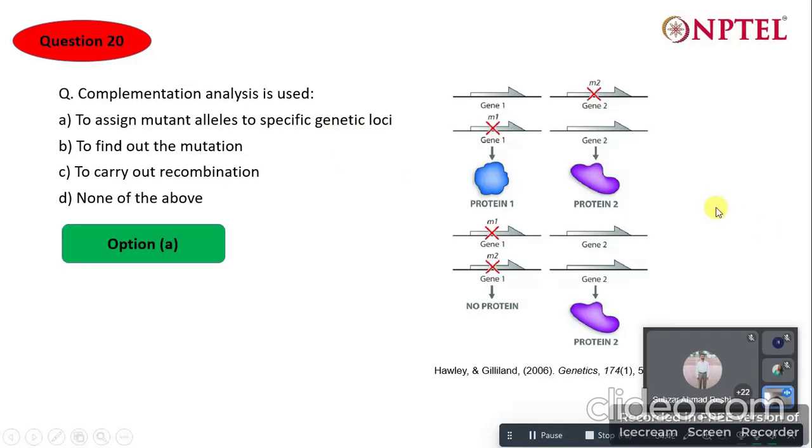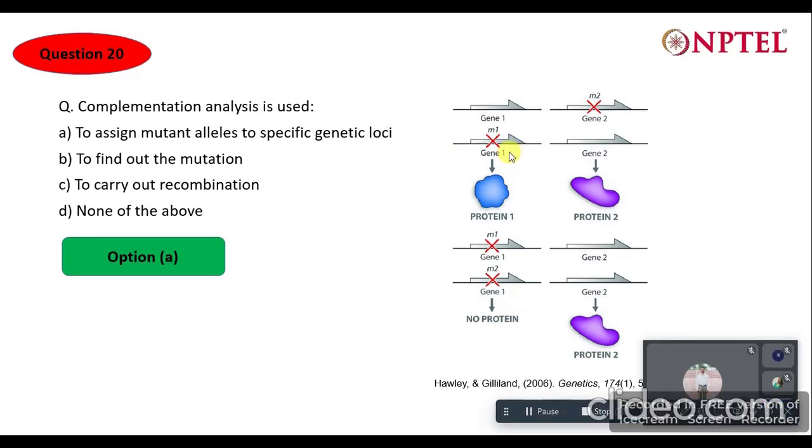And how is it done? This is a diagrammatic representation of complementation. Complementation is when we have two genes that are coding for a single product. If we have a mutation in gene 1, then the final product will not be formed.